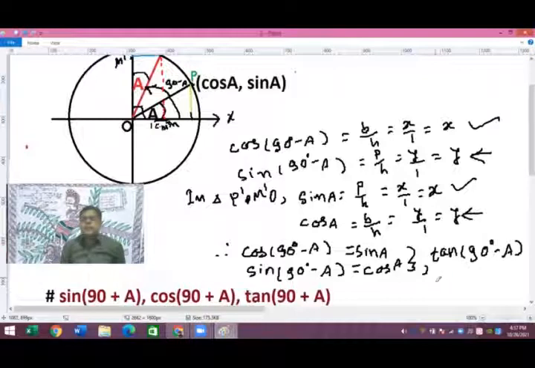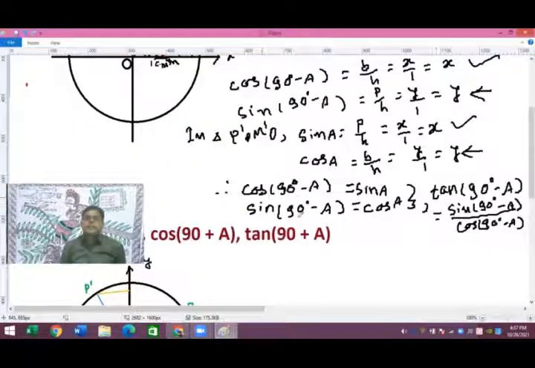Just use formula for tan, it is sine 90 degrees minus A, because this is sine theta by cos theta in general, and this is cos 90 degrees minus A. Alright, so tan is defined that way, but just now we have seen that sine 90 degrees minus A equals to cos A, so in place of sine 90 degrees minus A you can write here cos A, and cos 90 degrees minus A, just now we have seen that this is sine A, so in place of cos 90 degrees minus A, you can write here sine A, and therefore it is found as cos A by sine A is cot A.